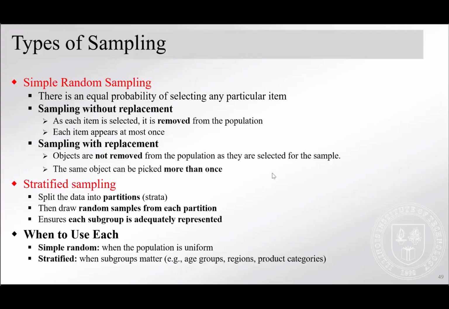Because it ensures each subgroup is properly represented. If you just use random sampling, you might accidentally leave out a small but important group. So when to use each? Use simple random when your population is uniform. Use stratified when subgroups matter.